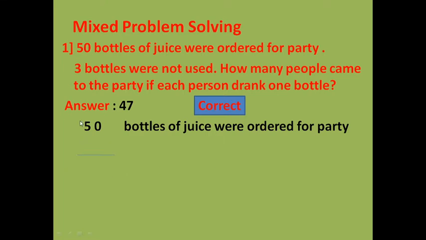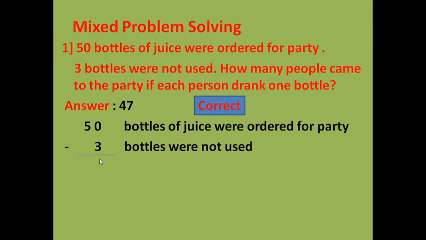So the first statement: 50 bottles of juice were ordered for a party. Next, only 3 were not used. First I read the question. Second, I find the information and write it, and then I decide what I will do. I will subtract. Fourth, I will solve the question, which means I will subtract.